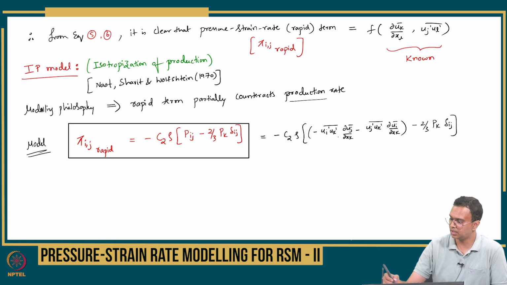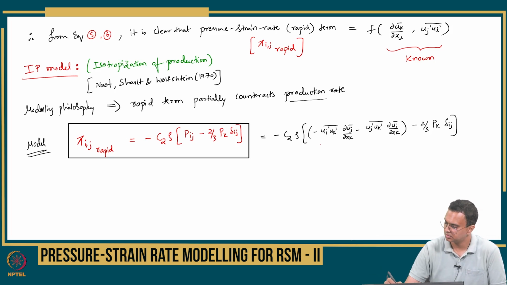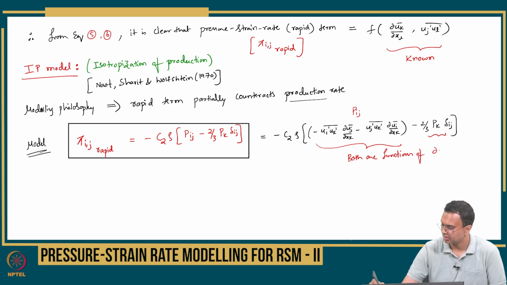So both Pk and Pij terms are functions of the mean strain rate, right?